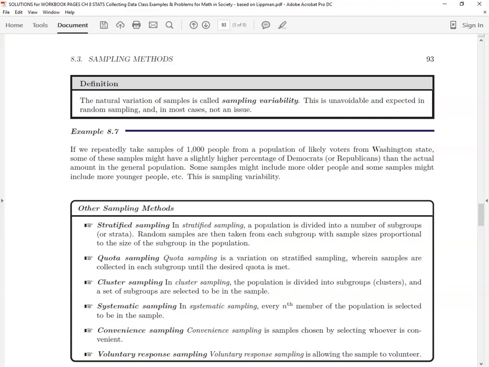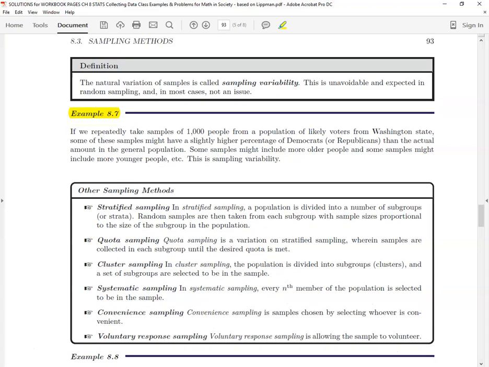For example, in example 8.7 here, if we repeatedly take samples of 1,000 people from a population of likely voters from Washington state, some of these samples might have a slightly higher percentage of Democrats or Republicans than the actual amount in the general population. Some samples might include more older people and some might include more younger people. That's sampling variability, and a little bit of that is just fine.